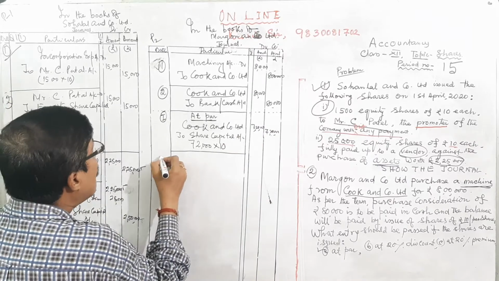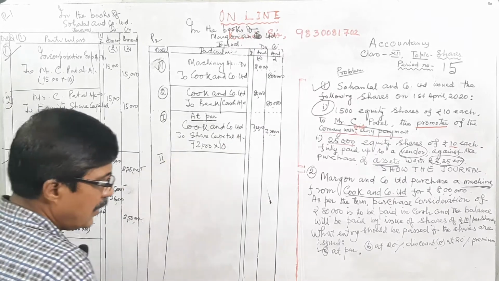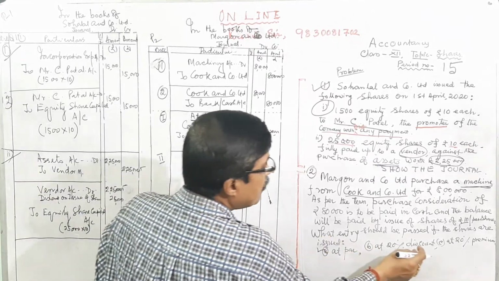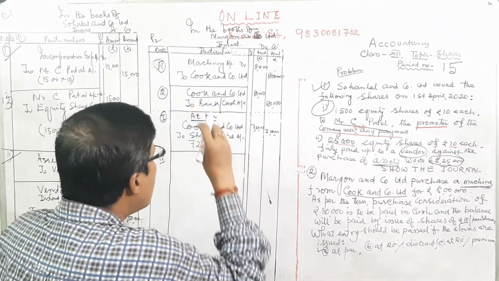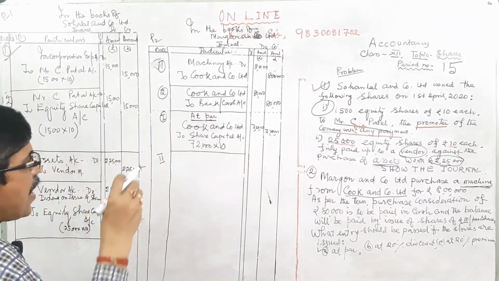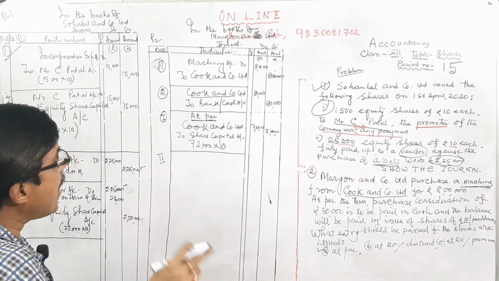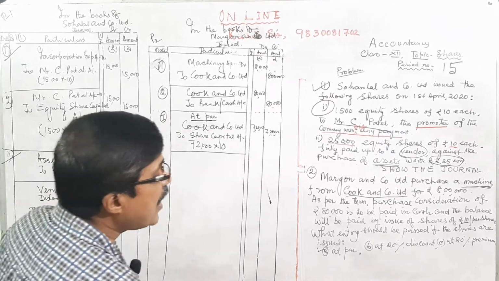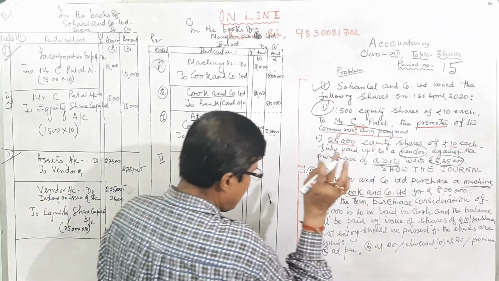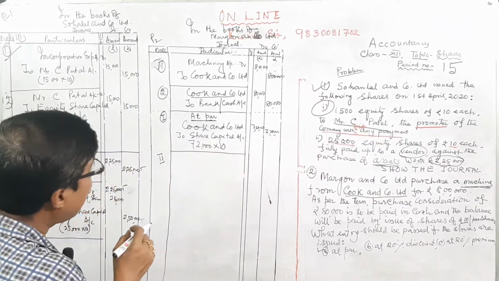Now part 2. They are paying off the liabilities by issuing shares to Cook and Company at a discount of 20%. So what will be the entry?